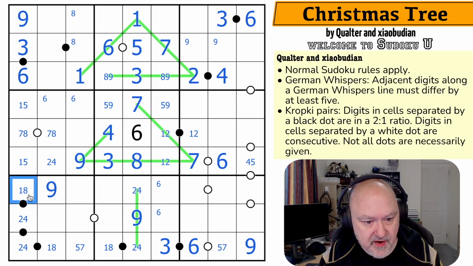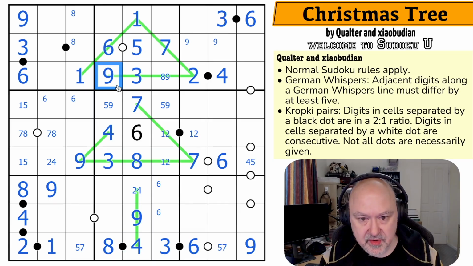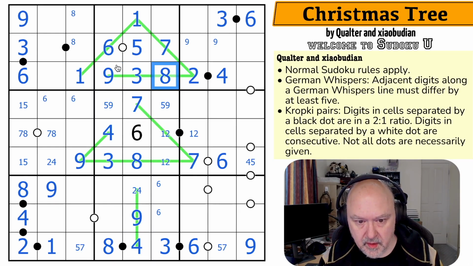And if this is a 1, 5 pair, this is the 8, which makes this the 4, this the 2, this the 1, which looks across making that the 8, which makes that the 4 because of the 1, 2. Now, the 8 looks up making that the 9 and that the 8. The 9 makes that the 5 and that the 9.